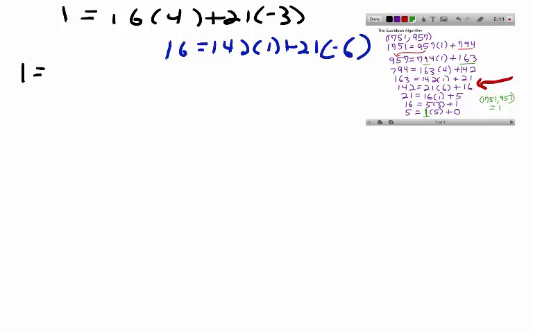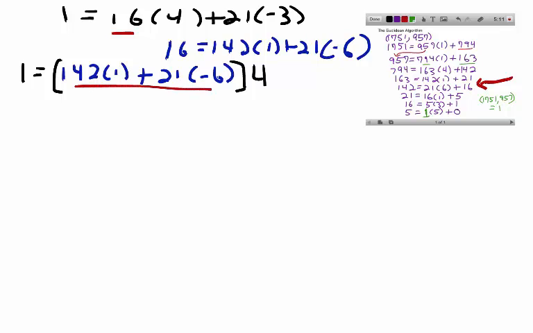So we have 1 equals 142 times 1 plus 21 times negative 6, times 4, since we're substituting this 16 with this expression, and 16 was multiplied by 4 in the line above, then plus 21 times negative 3.